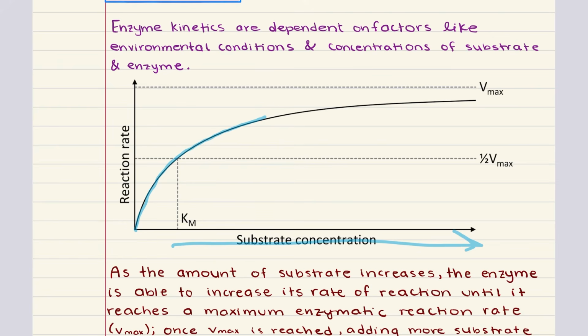Once saturation is reached, the enzyme is working as fast as it possibly can. This maximum speed is called Vmax. This is the maximum velocity or reaction rate that the enzyme can achieve under these conditions. Adding even more substrate after this point won't increase the reaction rate because all of the enzymes are already busy.